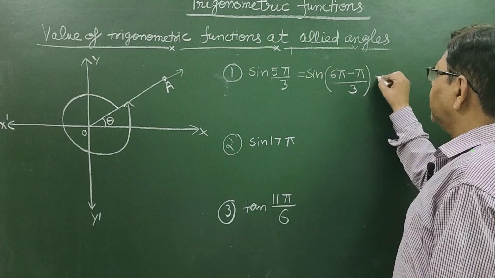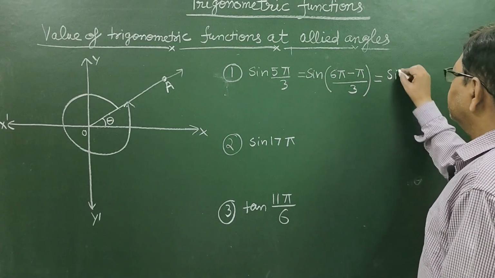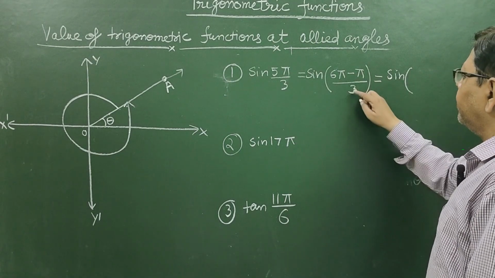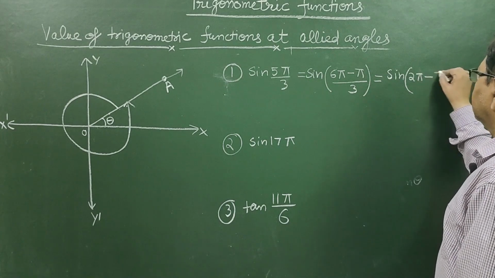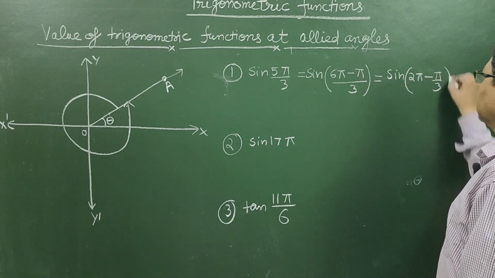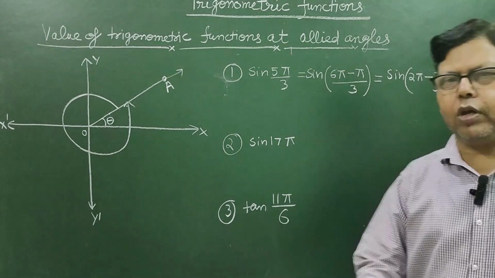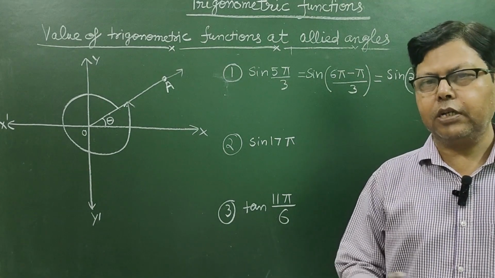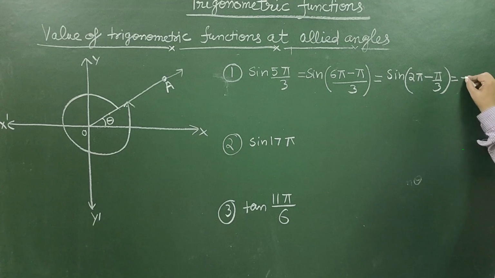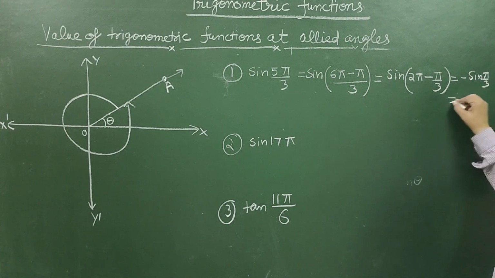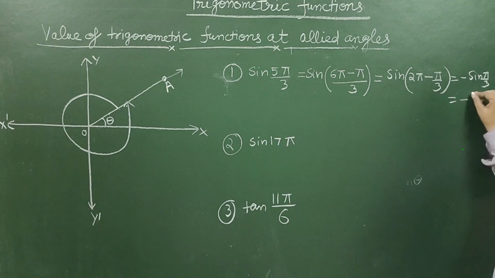Now this is equal to sine of (6 pi upon 3, which is 2 pi, minus pi upon 3). It has come in the form 2n pi minus theta. So this will be equal to minus sine pi upon 3, that is minus sine 60, which is minus root 3 upon 2.